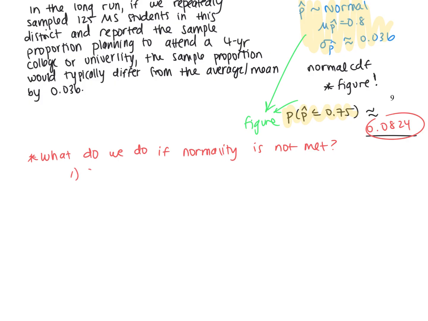The first option is we would do a simulation instead. Now, we're not going to do a simulation and carry it out, but that's what statisticians would do. Second option is we could use the binomial distribution, assuming the assumptions for that are met.